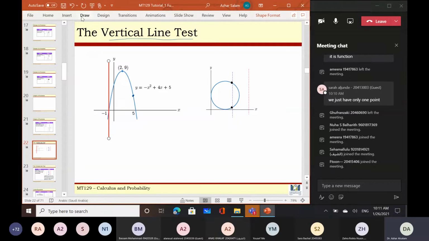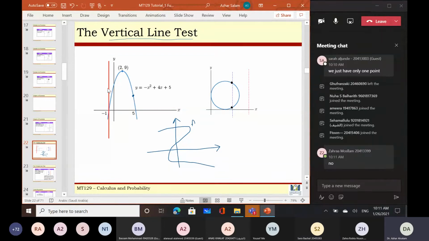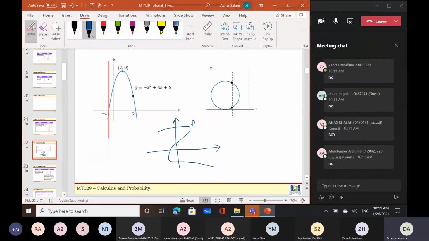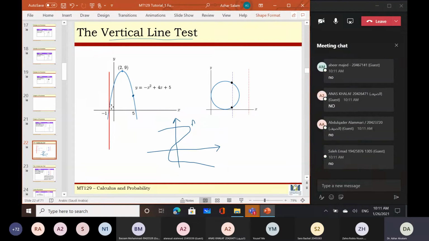Okay, I will draw another function to illustrate for you. For example, this is the x-axis and the y-axis. If I have something like that, is that a function? No, it's not. Why is it not a function? If I take this vertical line like that, in this place it has only one intersection point.